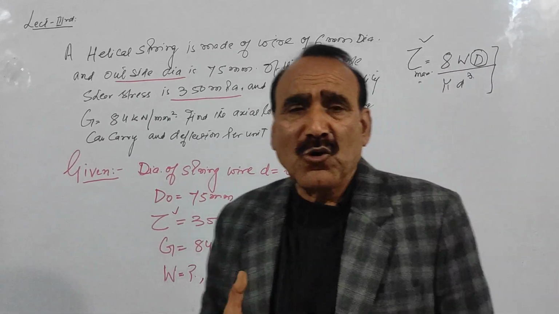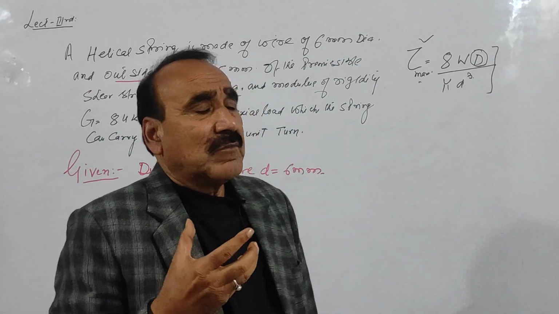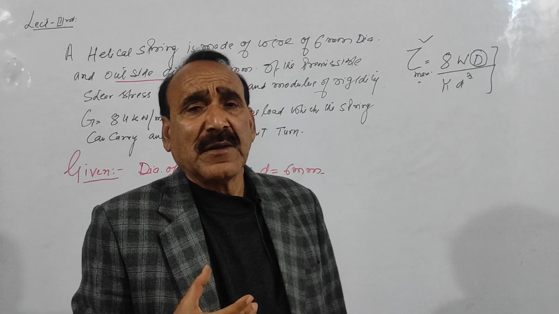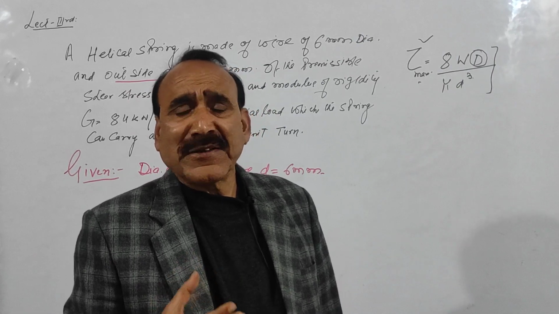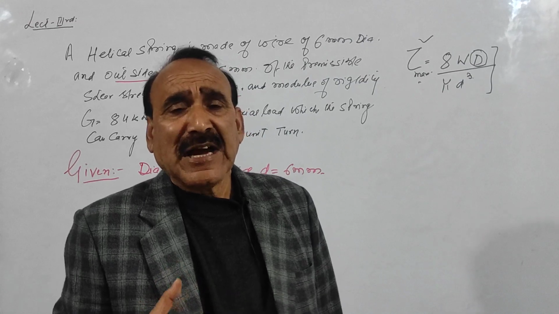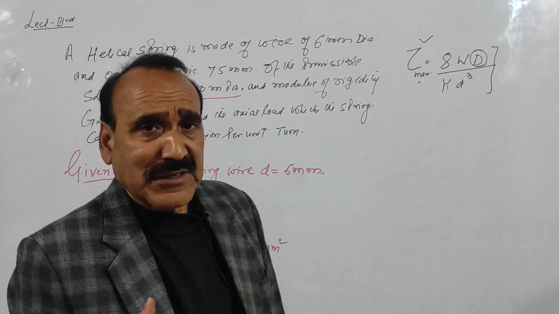So this problem I will solve in two parts. First I will consider that I am neglecting the effect of curvature, right? And the second one is I am considering the effect of the curvature, right?